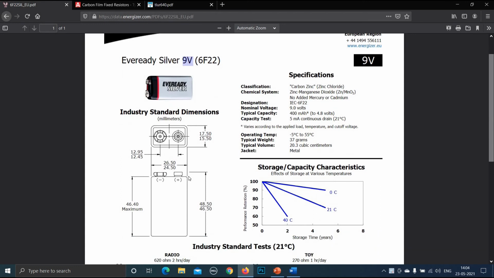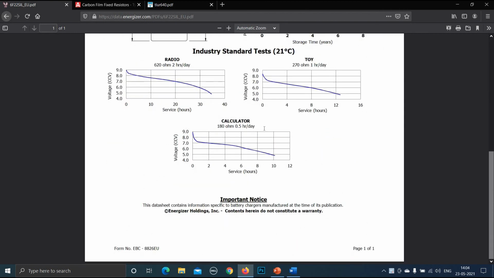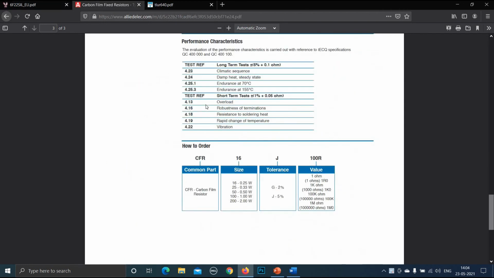This is the datasheet of the 9-volt battery, and you can see all the specifications are mentioned here. Here you can see the maximum voltage and current of the battery, 9 volts and 5 milliamps, and other specifications too. You can study this battery if you want to know more.